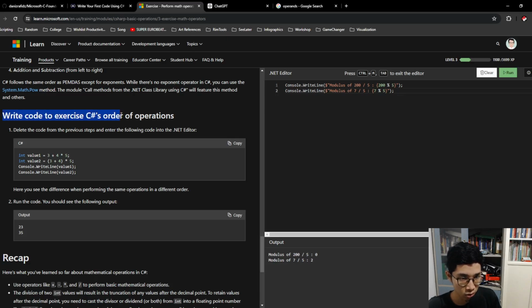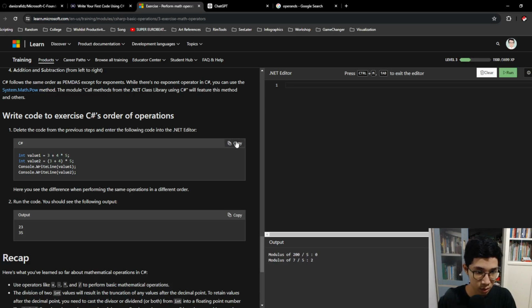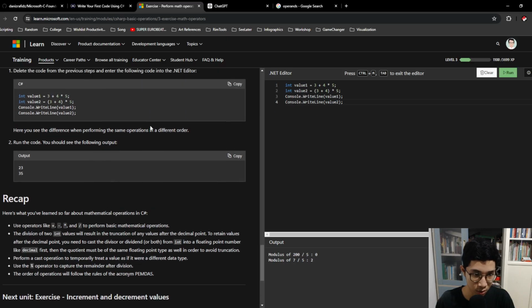Okay, write code to exercise C#'s order of operation. Delete the code as always. Let's just copy this one. Enter the following code, almost to the recap.